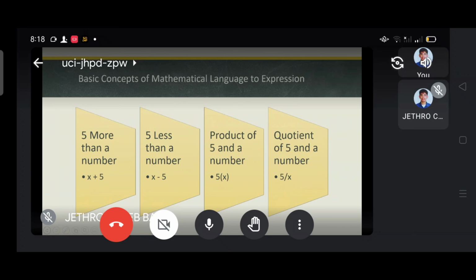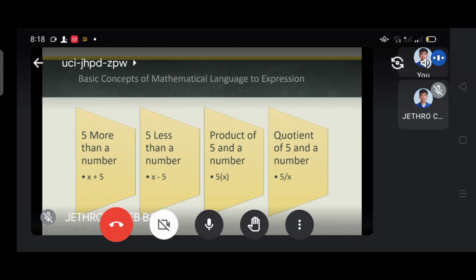Next, the product of 5 and a number. Pag sinabing product, minumultiply natin siya. Minumultiply natin yung 5 and a number. So, 5 multiplied by x, 5 times x. Next, quotient of 5 and a number.